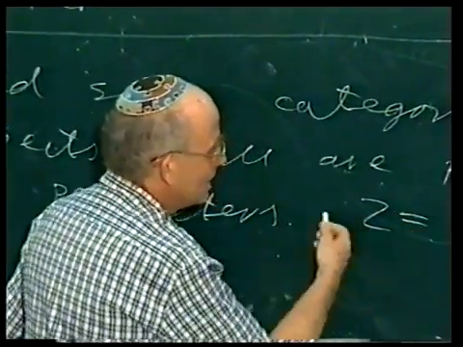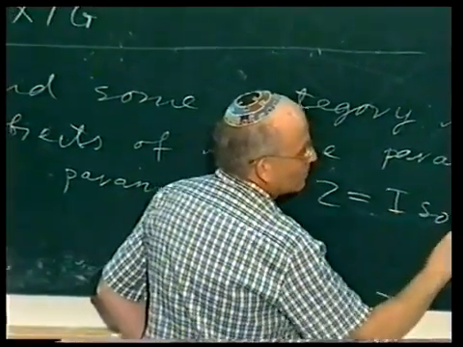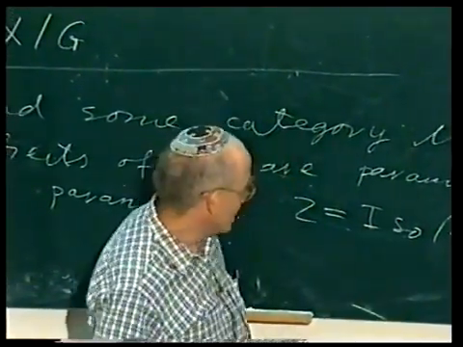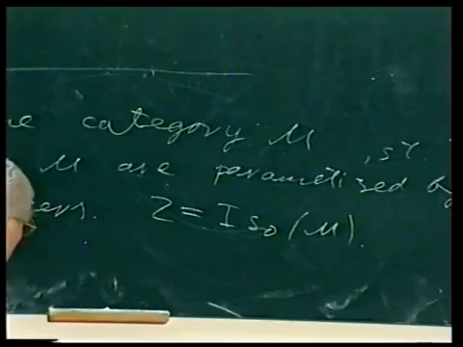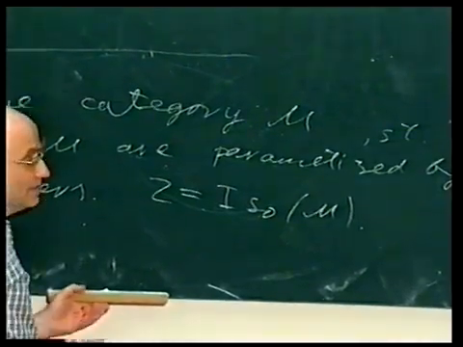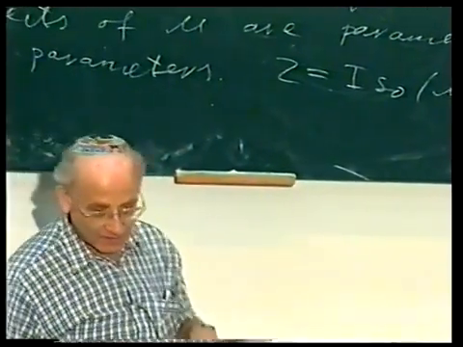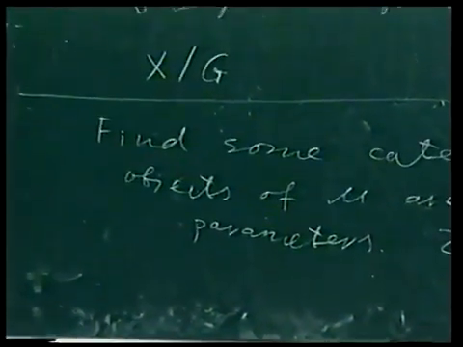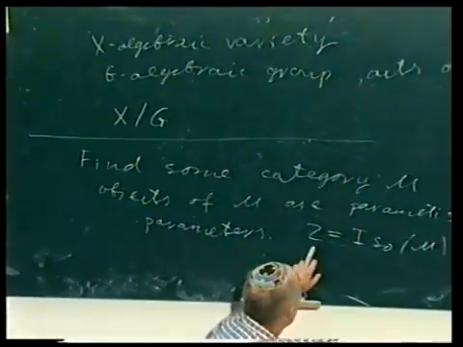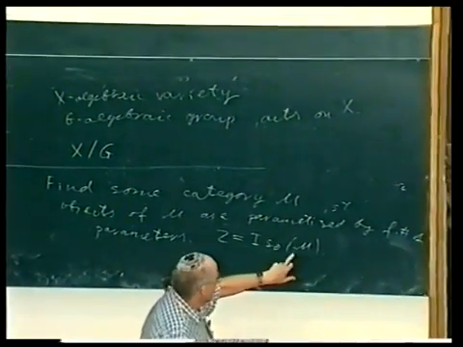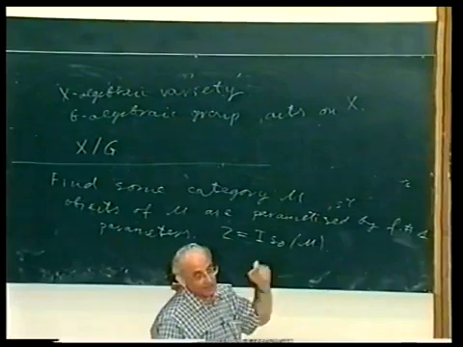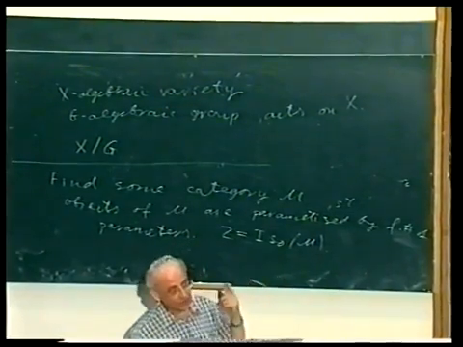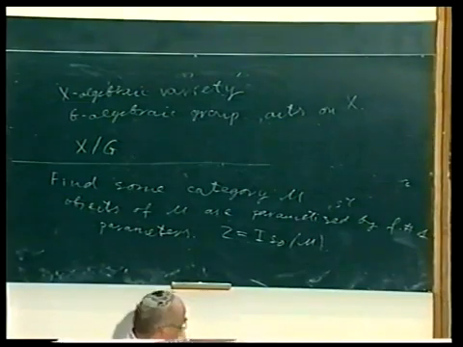Then we declare that we want to consider the algebraic variety Z, which is just the isomorphism classes of objects of M. Iso of M is the set of isomorphism classes of objects of M. So this is a rough definition, and this is how you usually construct new algebraic varieties. The problem with this definition is that this is not really an algebraic variety, for the following reason: there may be some objects in M which have non-trivial inner automorphisms.